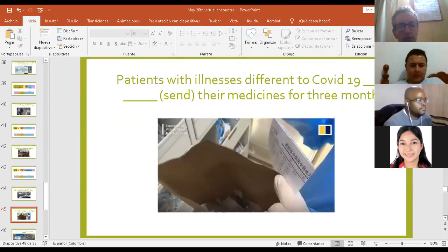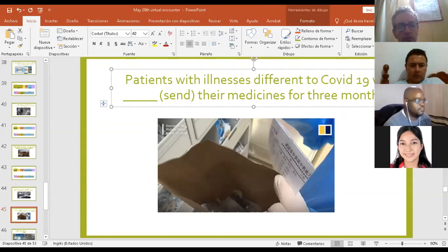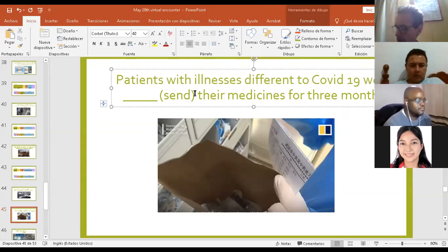All right. Let's see this one. Juan Pablo. Patients with illnesses different to COVID-19 were sent their medicine for 3 months. Yes.